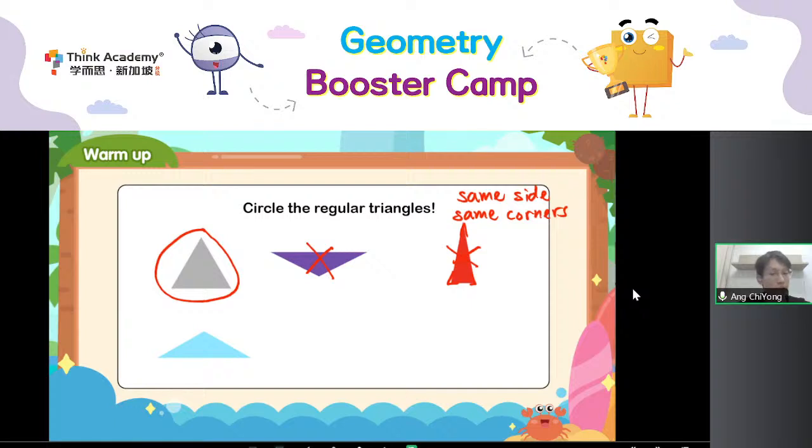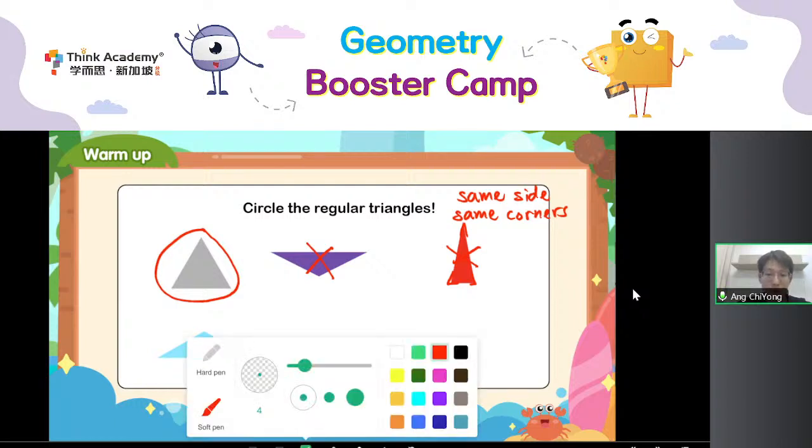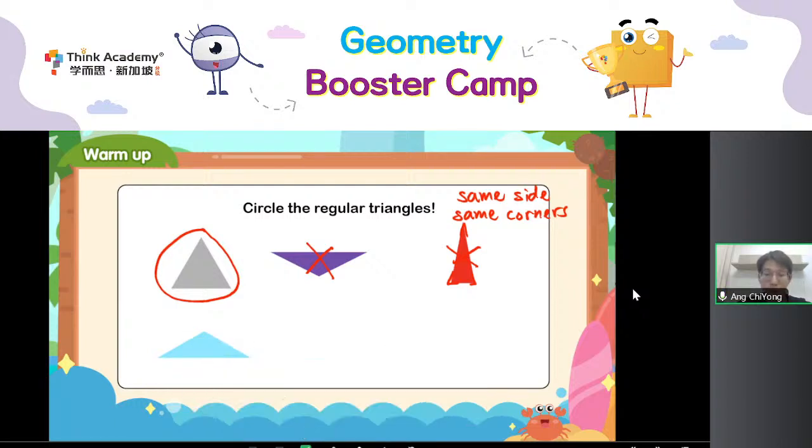Next one. Is this a regular triangle? I want you to think about it and type in the chat yes or no. Okay, I will show you the next two. You tell me yes, yes, no, no, no, no, or no, no, yes.